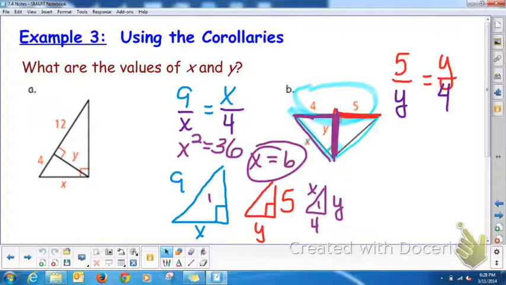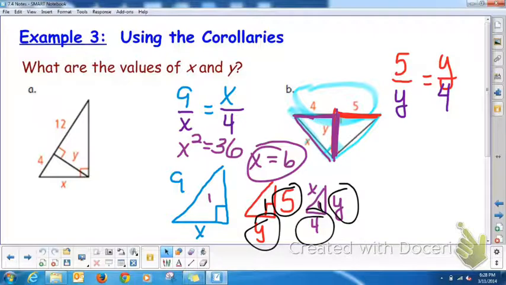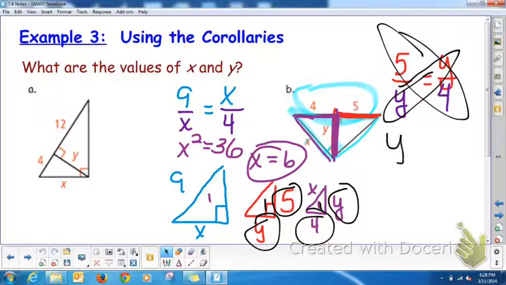For y, I would use the red triangle and the purple triangle because they both had y. And I would say long leg over long leg equals short leg over short leg. Cross multiply. So y squared is equal to 20 because 5 times 4 is 20. Or you could have said 5 times 4.